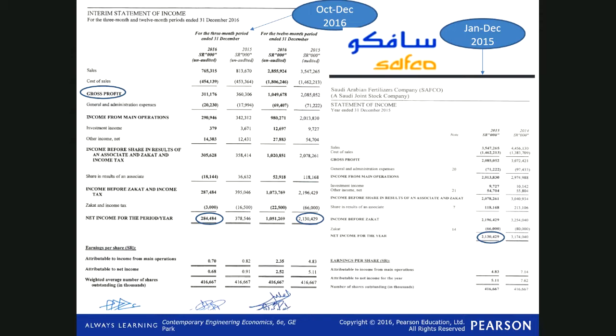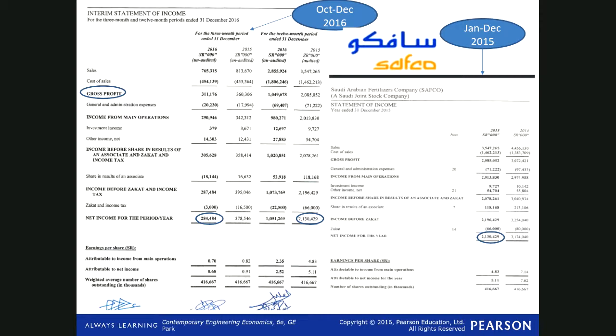Now, this is an example. You can see here, for example, the first one, October to December 2016. This is a financial statement, or income statement, for 3 months. An income statement you can prepare for 3 months, or for 6 months, or for 1 year, right? It basically summarizes the result of 3 months, or the results for 1 year.